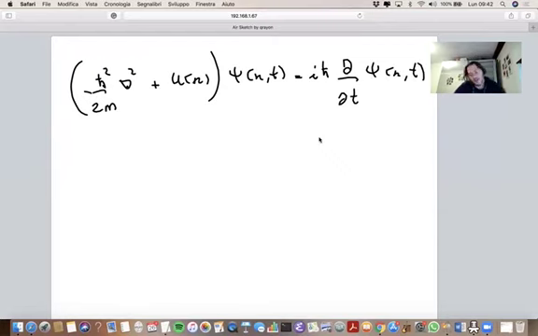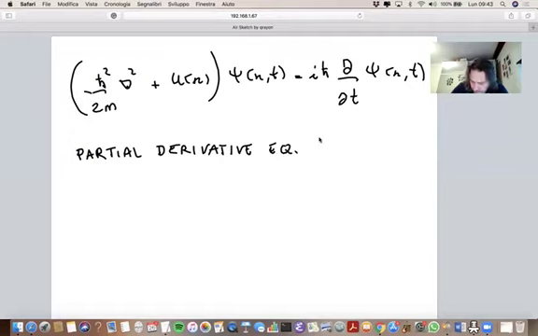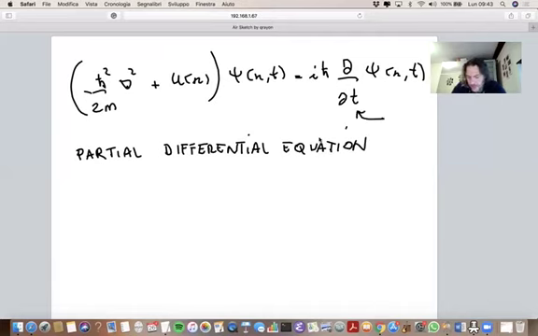This equation is actually what technically is called a partial differential equation, PDE, because it's an equation that mixes up different partial derivatives with respect to time and space, plus even non-differential operators.